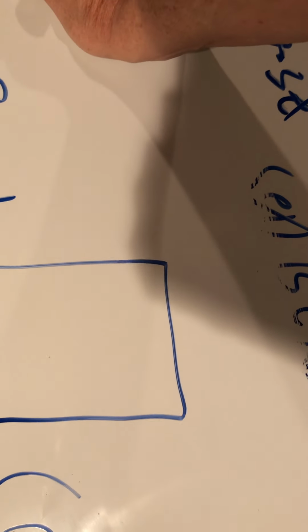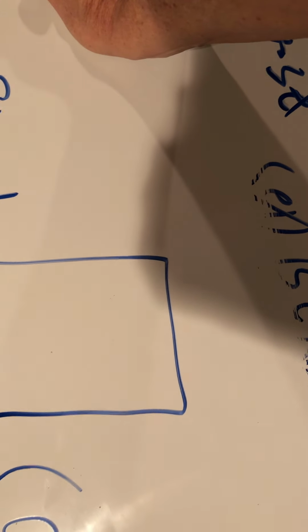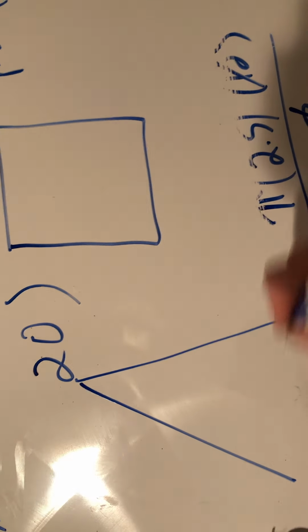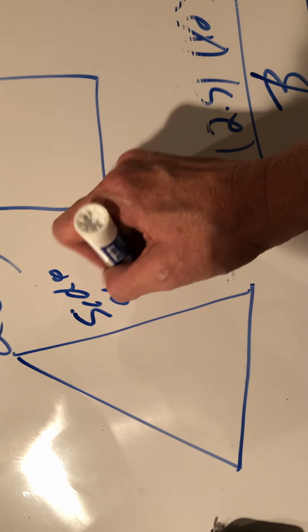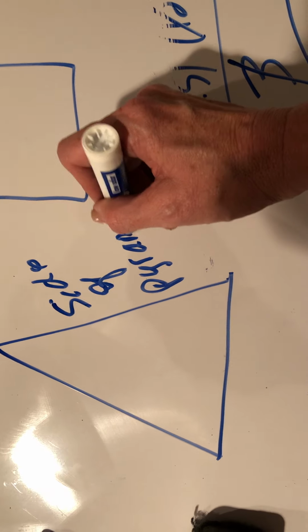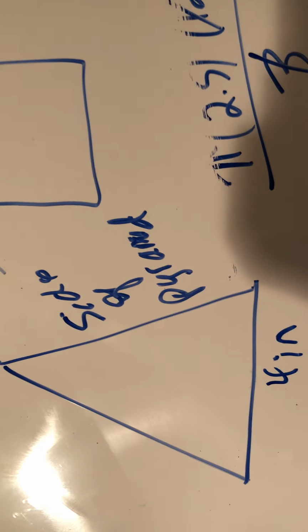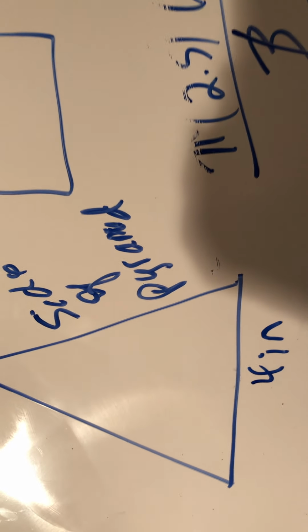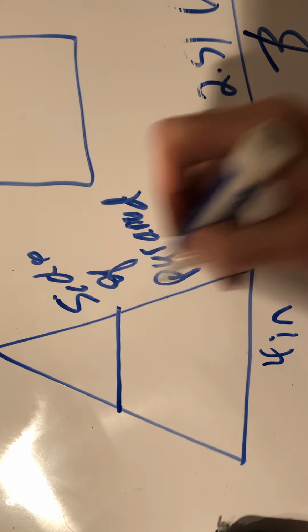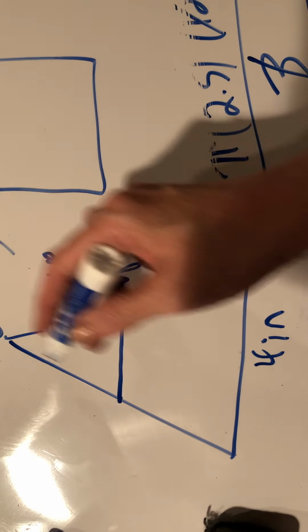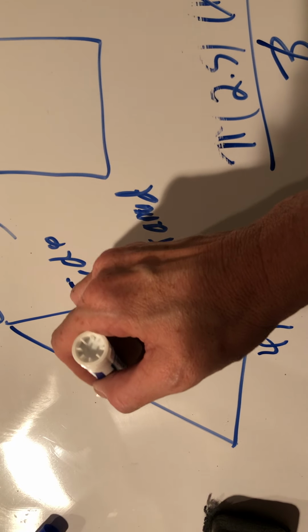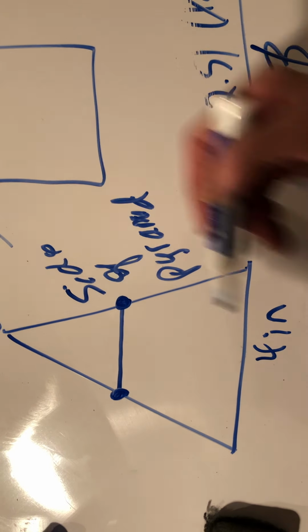The cross-section of the pyramid makes a square, and it's taken halfway between the vertex of the pyramid and the bottom of the pyramid. So if I draw the side of the pyramid, this is the side of the pyramid. This is 4 inches. And then it tells us that it's taken halfway up. Well, the side of this pyramid, triangle, halfway up means I'm at the midpoint of each side.